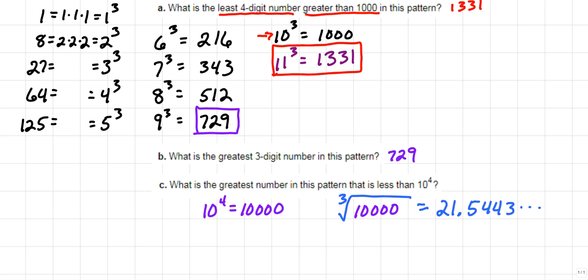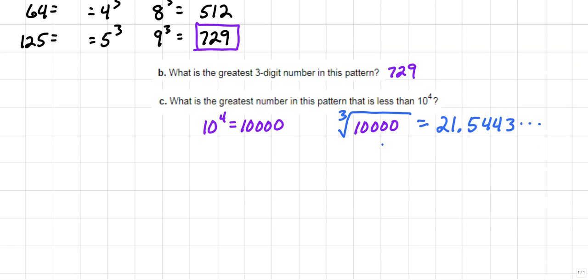Now, how can I determine the number that I'm looking for? Well, if the cube root of 10,000 is equal to 21.5443, that means that 21 cubed, which is the number just below 21.5, the whole number, is going to be the number that I'm looking for.